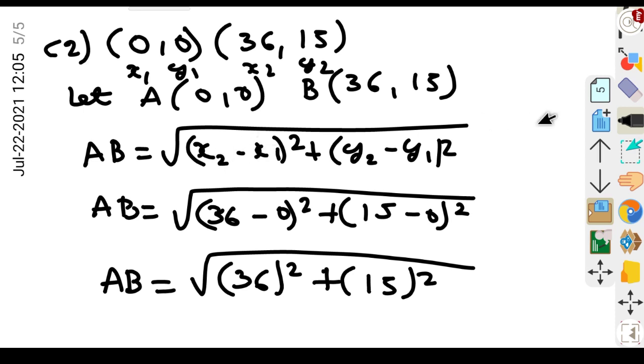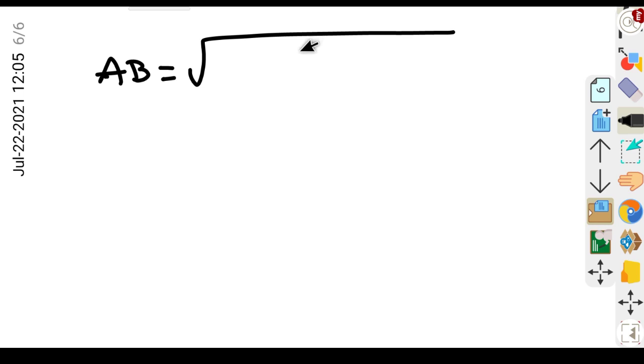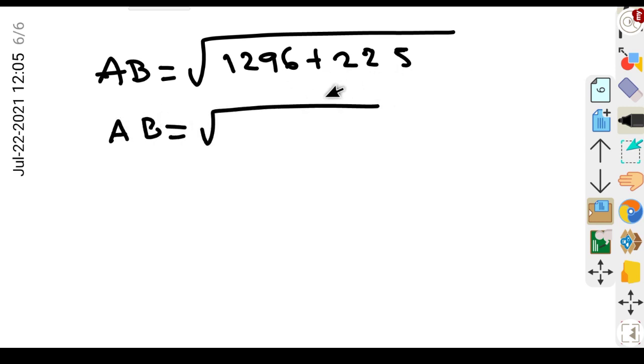So I'll write in the next sheet. AB equals the square root of, now 36 square is 1296 plus 15 square is 225. Now AB equals the square root of, if you add both of these, it's 1521.